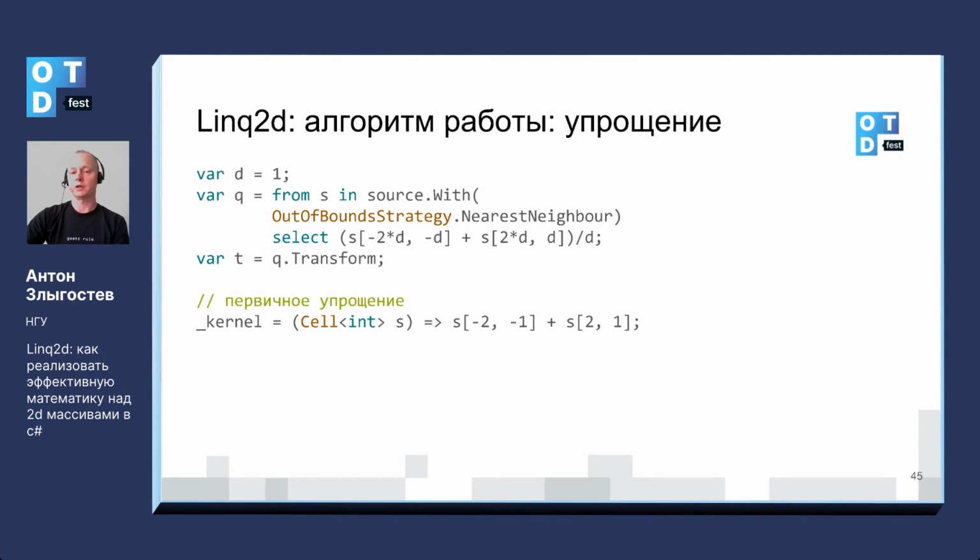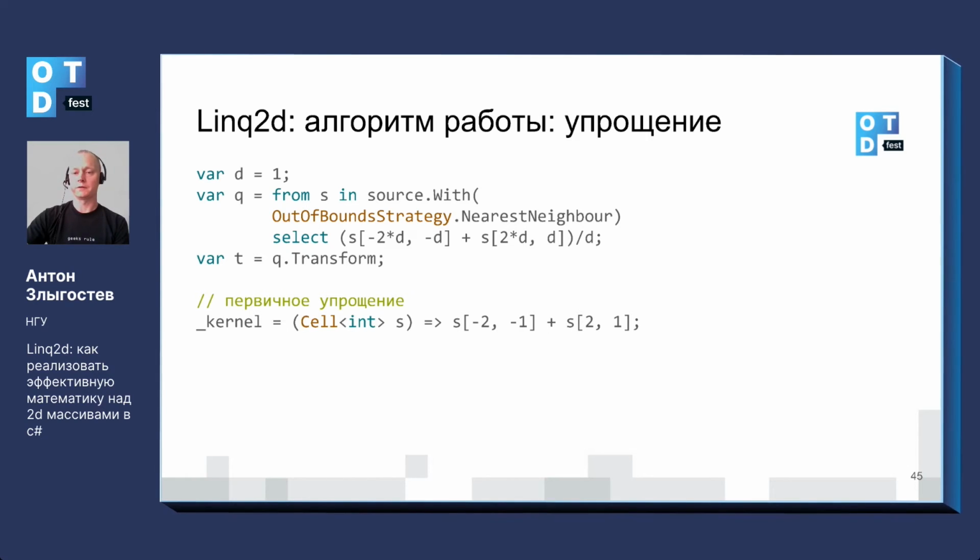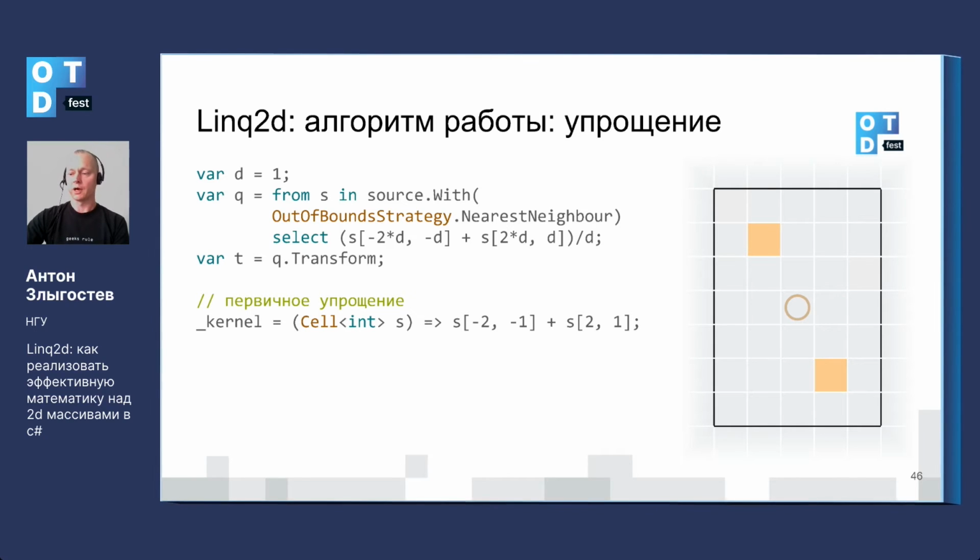So this simplification allows us to guarantee that this one is a simplification. So multiplying something by 1 is just a constant. So instead of 2 multiplied by d, we have a constant, and you don't need to divide by 1. So this is just the sum now of 2 calls.